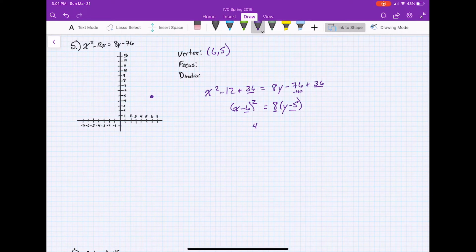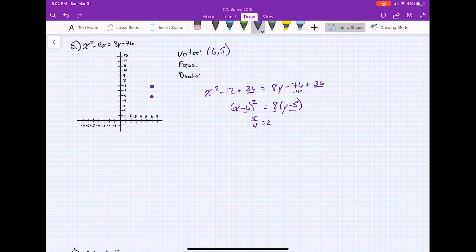That's 8 divided by 4, and that equals 2. Now we know this is a parabola opening up, so this 2 affects our y value. If we want to find our focus, it's going to be 2 units up from our vertex. So really we are going to have (6, 7) for our focus. And that is that point right there.